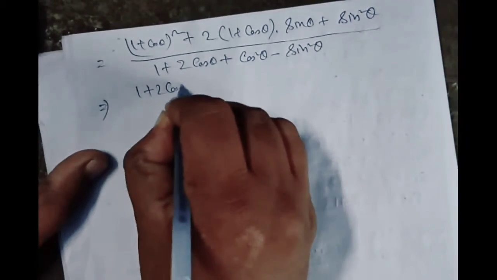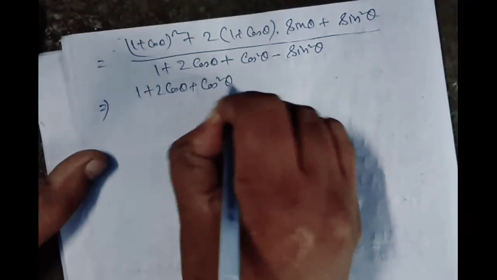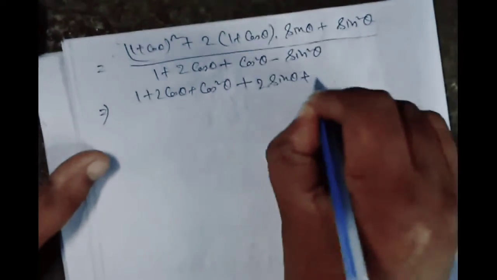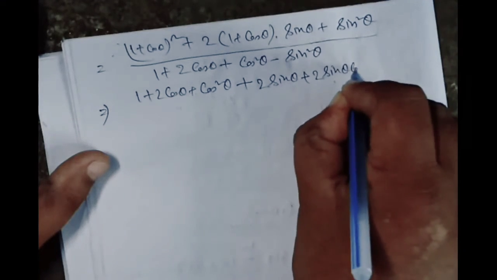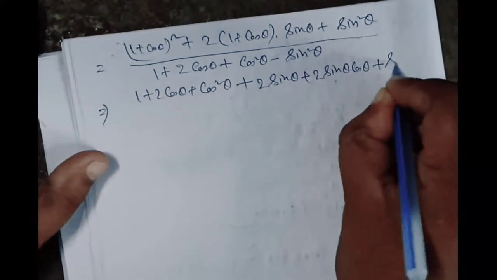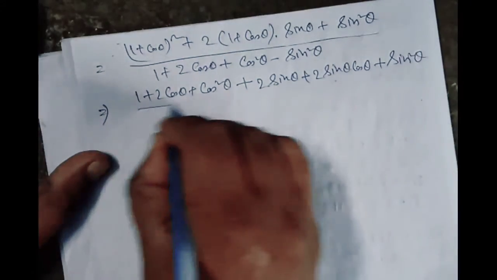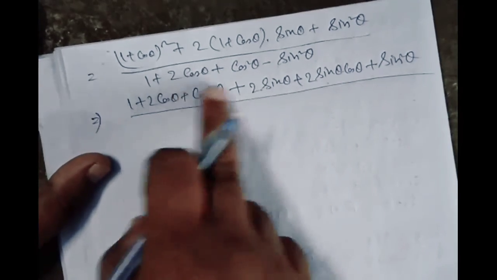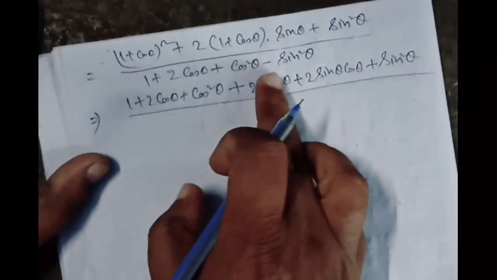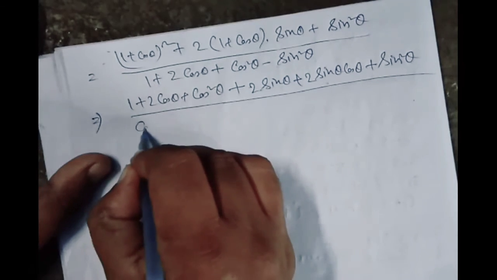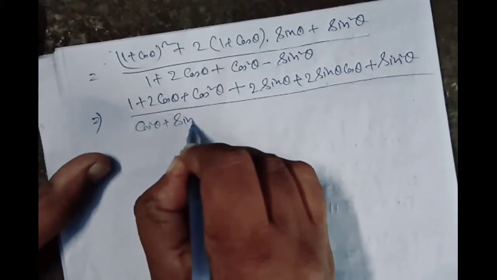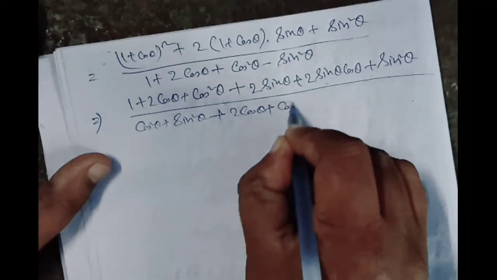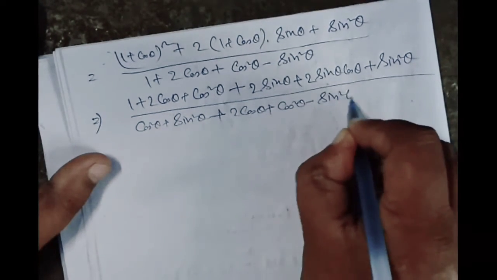Now 1 plus 2 cos theta plus cos square theta plus 2 sin theta plus 2 sin theta cos theta plus sin square theta, divided by, in the denominator, 1 can be written as cos square theta plus sin square theta, plus 2 cos theta plus cos square theta minus sin square theta.